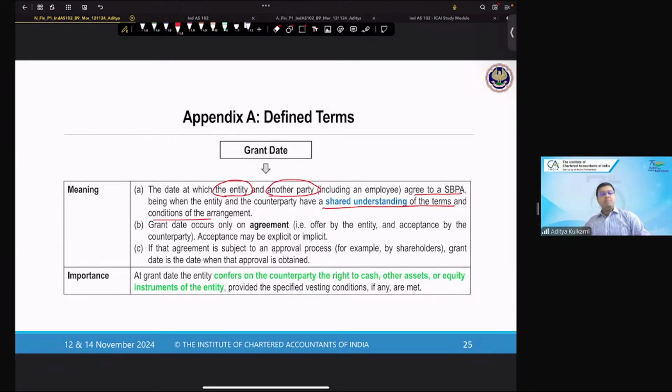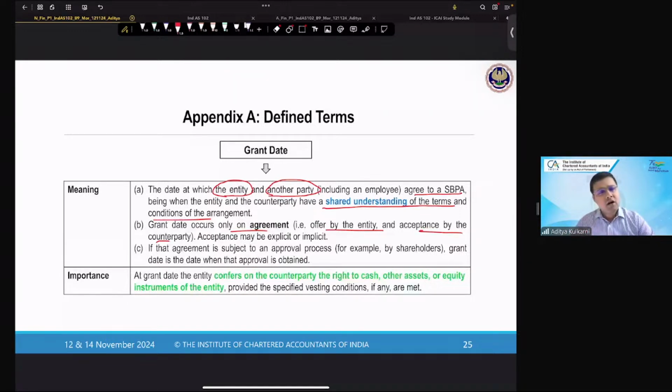That means on this particular day, both the entity making the payment and the counterparty rendering the service have a common understanding of the terms and conditions. Grant date occurs only on agreement, that is, an offer by the entity and acceptance by the counterparty.